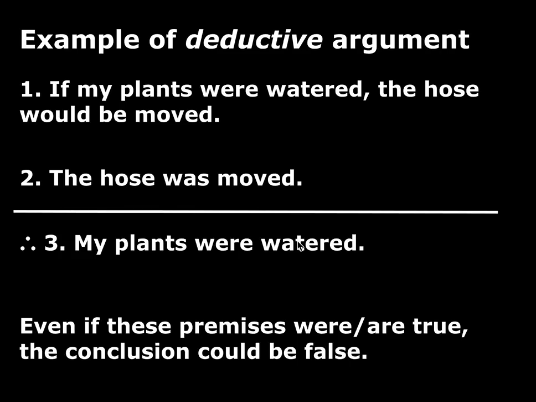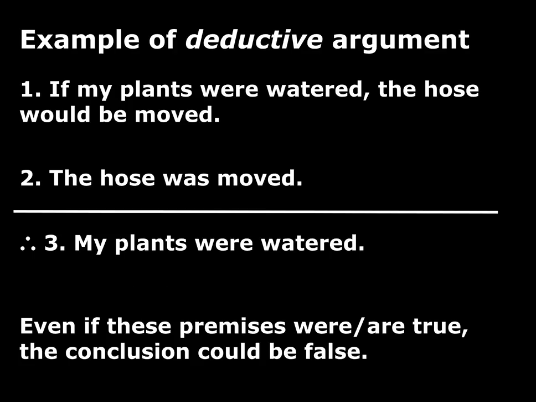Well, when I said that, what I did is I'm now telling you a situation where the conclusion is false, but the premises are still true. It's still true that if my plants were watered, the hose would be moved. It's still true that the hose was moved, but the conclusion is false. And so because that combination is possible, the argument isn't valid.